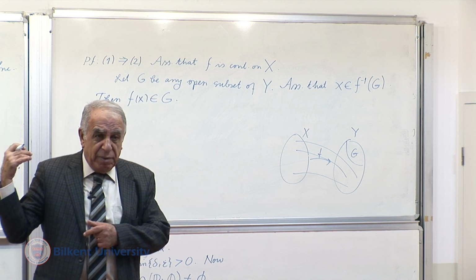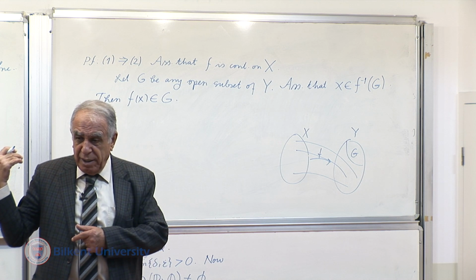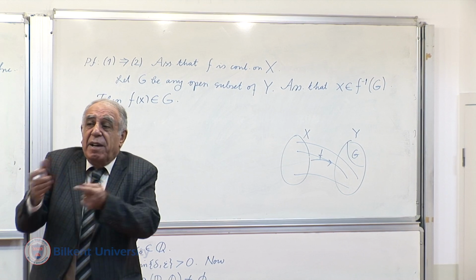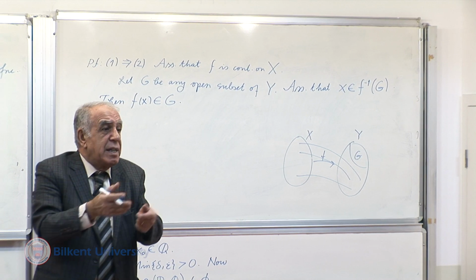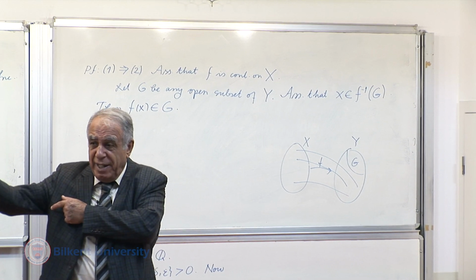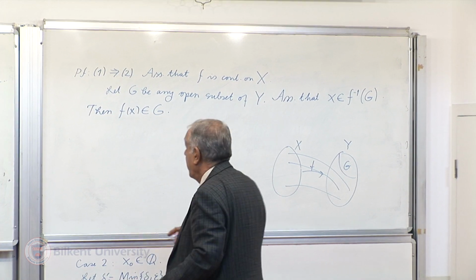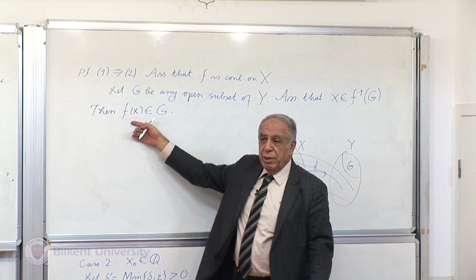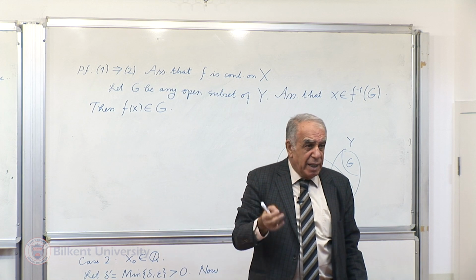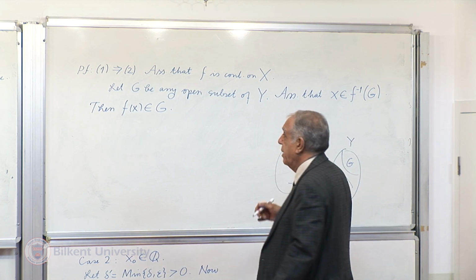Well, f is continuous at x. What does that mean? For every neighborhood V of f of x, there is some neighborhood U of x such that f of U is contained in that neighborhood. Is this a neighborhood of f of x? Yes. Any open set containing a point is a neighborhood of that.